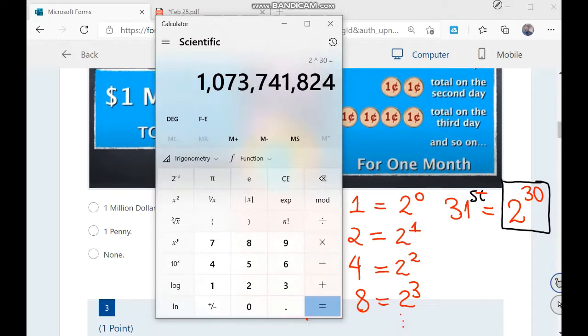You're going to have, at the end of the month, 1,073,000,000 coins. And those are all pennies, so you can multiply by 1 cent, 0.01. That means at the end of the month, you will have $10,737,000.